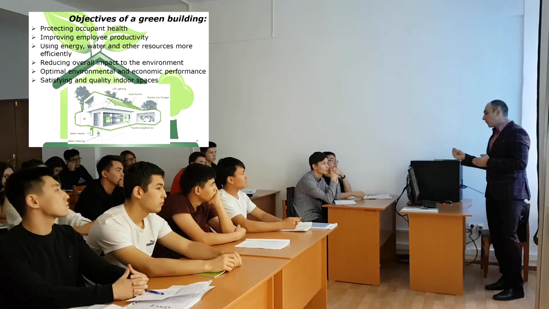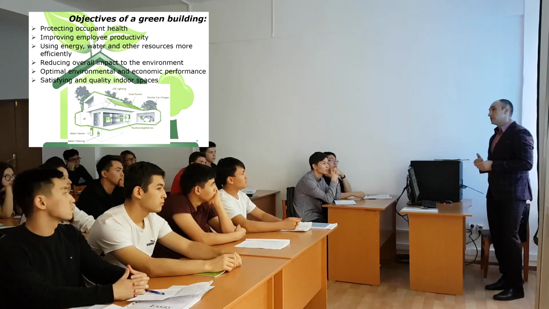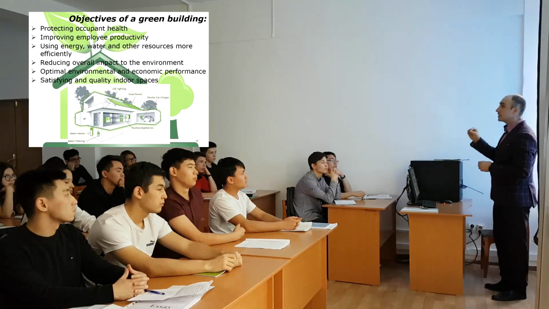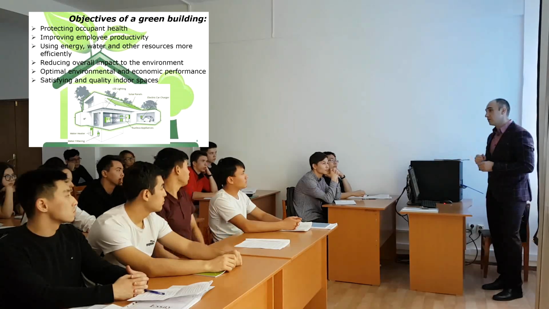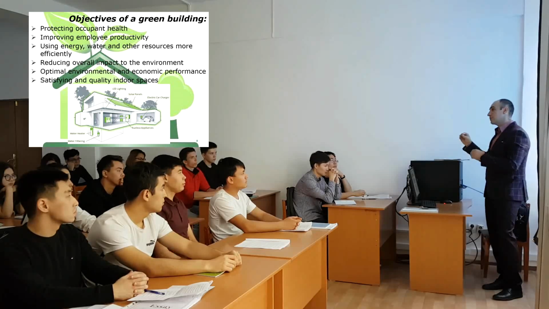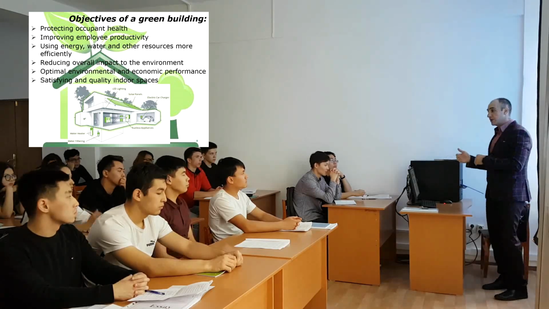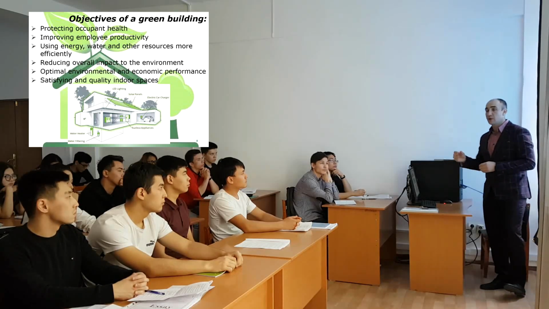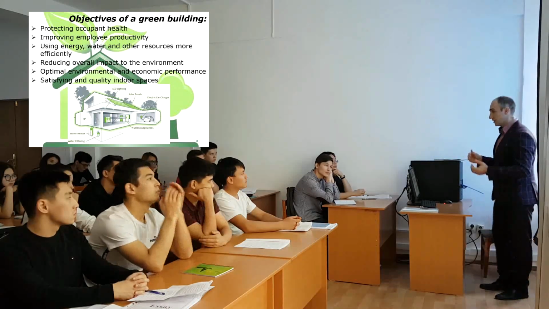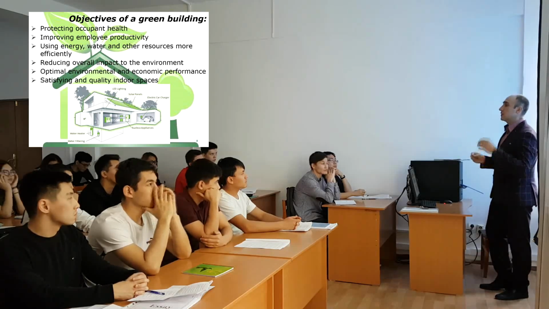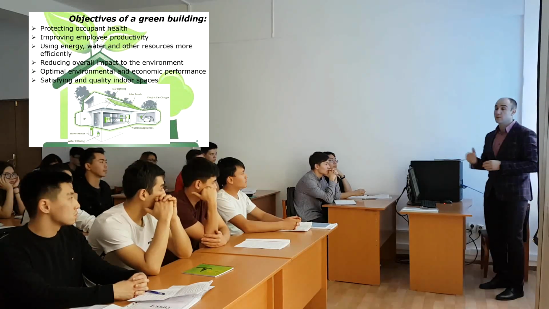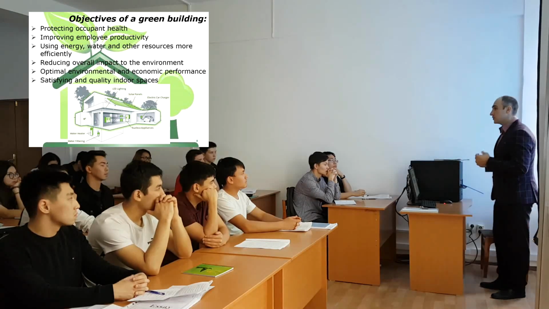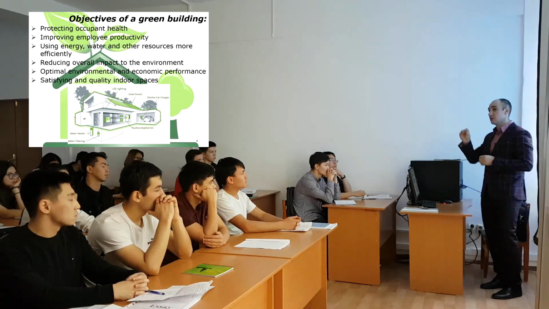Next, reducing overall impact to the environment. So during construction, a building produces a really huge number of negative products, like waste, like emissions, and the most popular of them is carbon dioxide. So during creating monolithic buildings from reinforced concrete, while the concrete is hardening, there are special chemical processes which produce carbon dioxide.